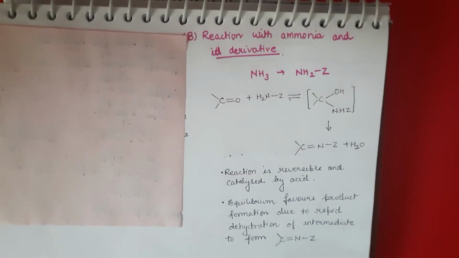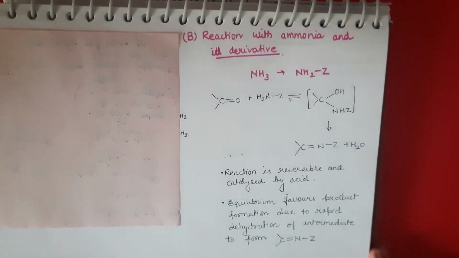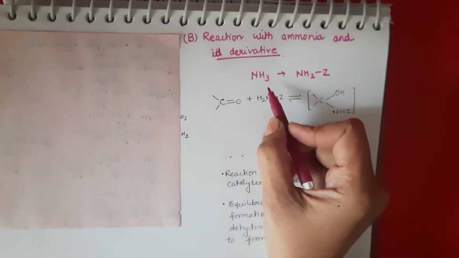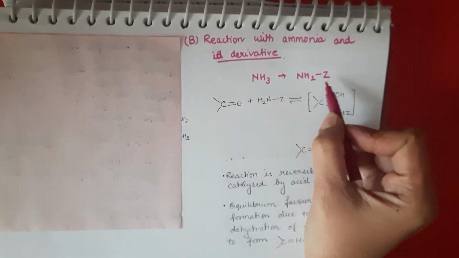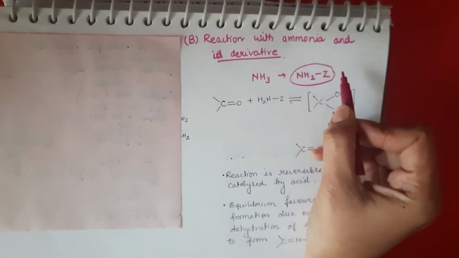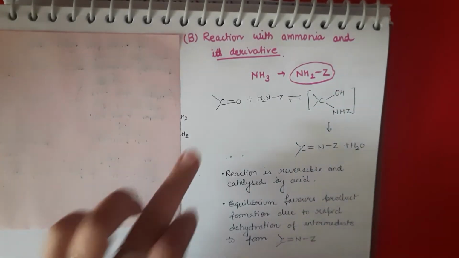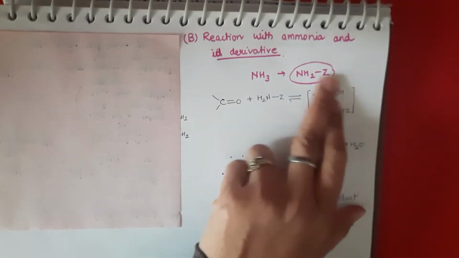So our very first reaction is the reaction of aldehyde and ketone with ammonia and its derivatives. As we know, NH3 is ammonia, and if we replace H by any other group, let's say Z, it forms an ammonia derivative. By treating the carbonyl carbon with NH2Z, we get this type of complex.